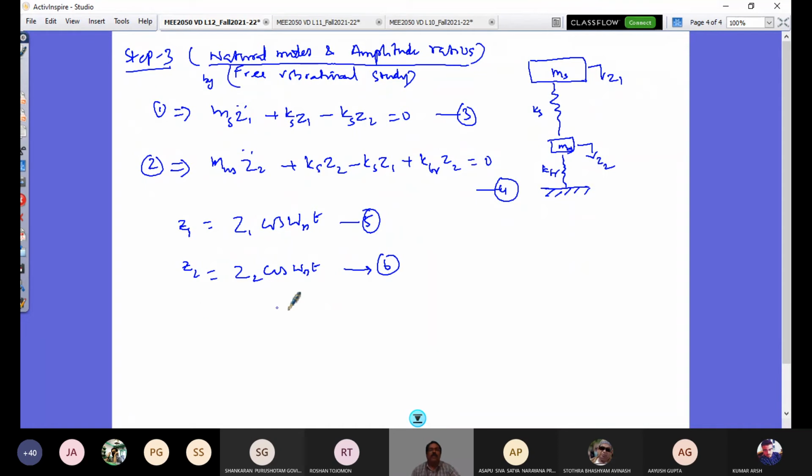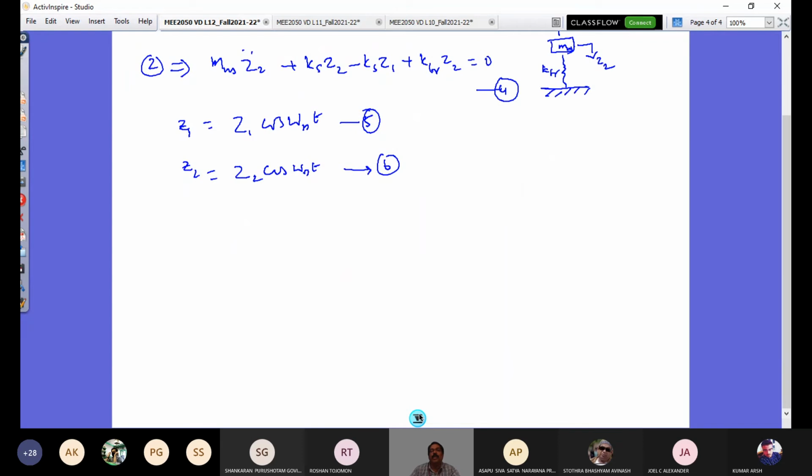So now if I substitute that in equations 3 and 4, I would be able to get my amplitudes and amplitude ratios comfortably. I can convert these two differential equations into an algebraic equation, a polynomial, and that would characterize my vehicle.